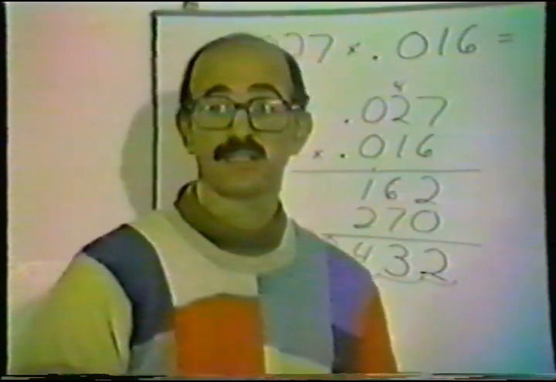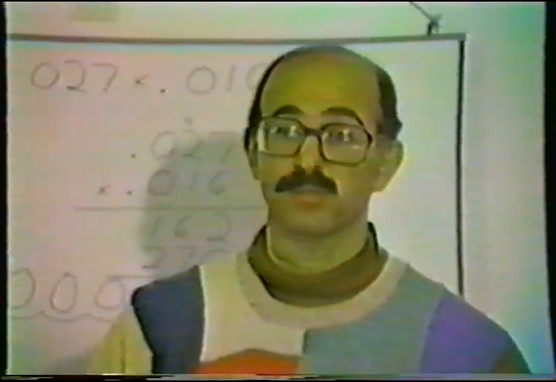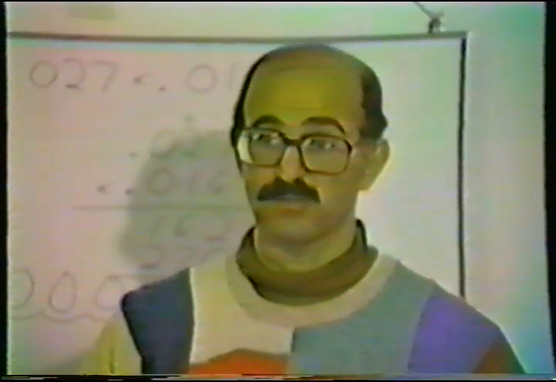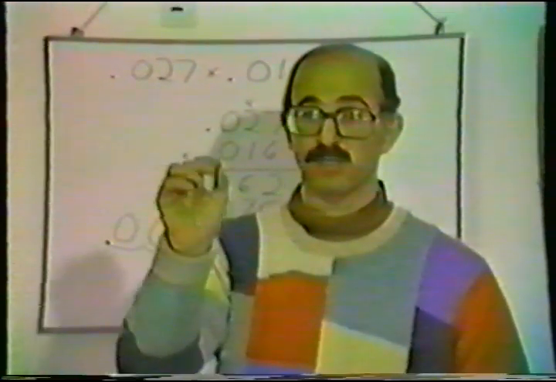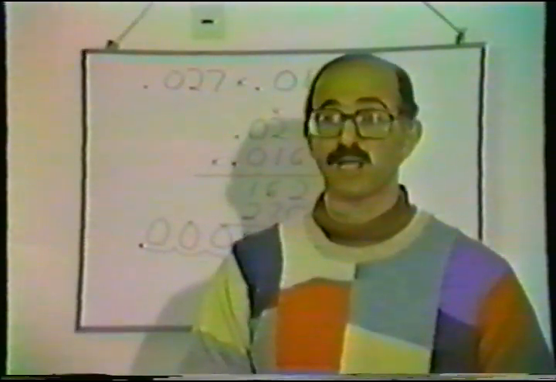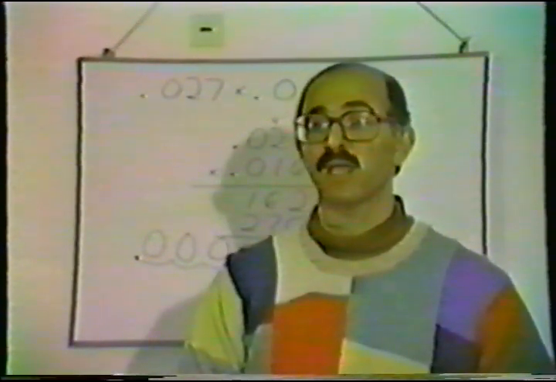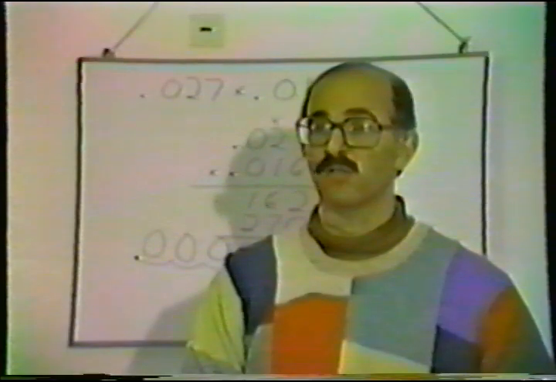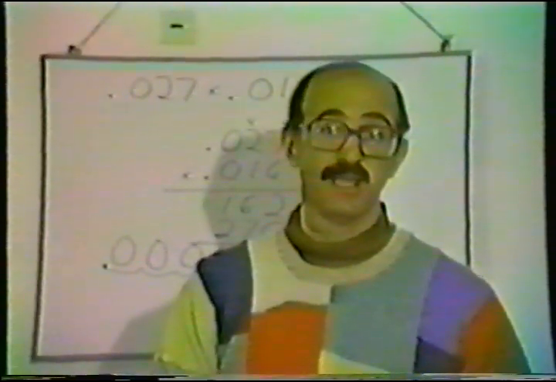And that takes care of everything you'll need to know about multiplying decimals. Remember, you do not line up the numbers so that the decimal points are one below another. You just write the numbers in a normal way, multiply them in a normal way, and then you follow the rule when you have to put the decimal point in the answer.